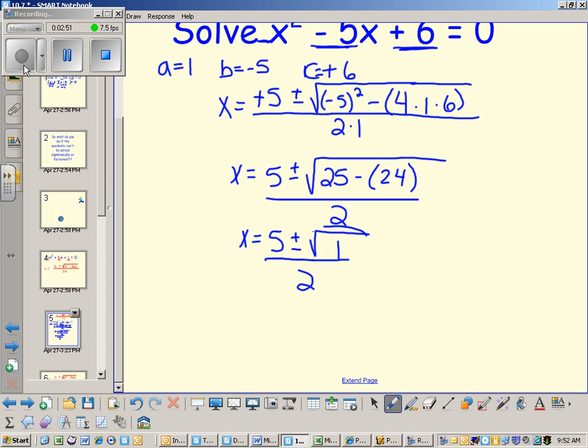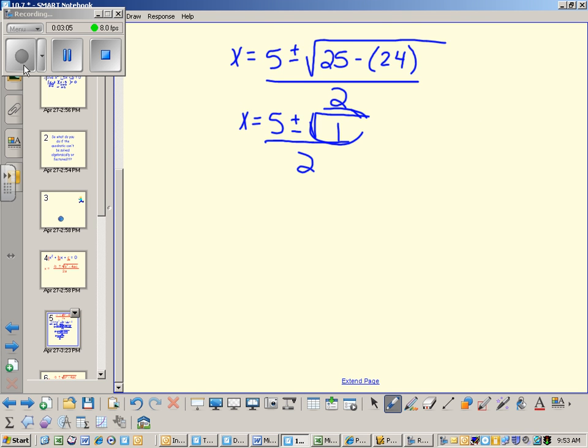Then we look at this here. If it's a perfect square, then we have one more step. If it's not a perfect square, we can leave our answer just as it is if it's simplified. But if it's a perfect square, then we have to go one step farther and separate them into 2. And what I mean by that is we have to look at 5 plus or minus 1 over 2, because the square root of 1 is 1.